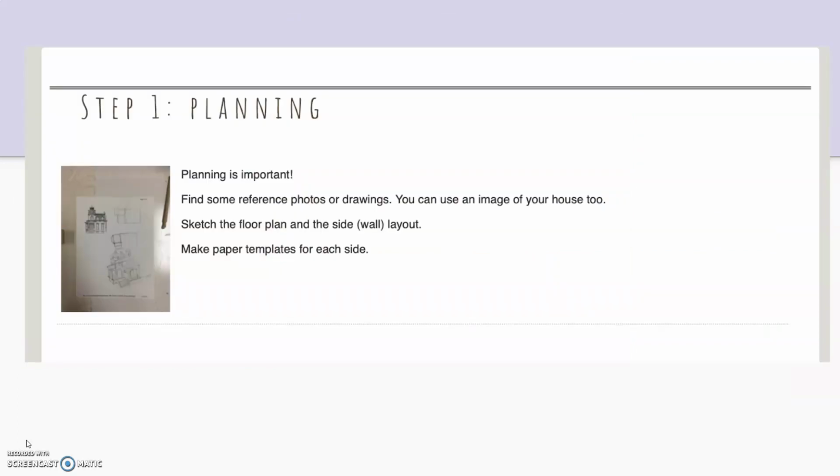All right, step one is to plan. So I would create out of paper the side walls, the flooring, and those pieces that you created. It's similar to the slab box that we made last year. You may want to sketch out your plan and create a floor plan and things like that, and then make the paper templates for each side.